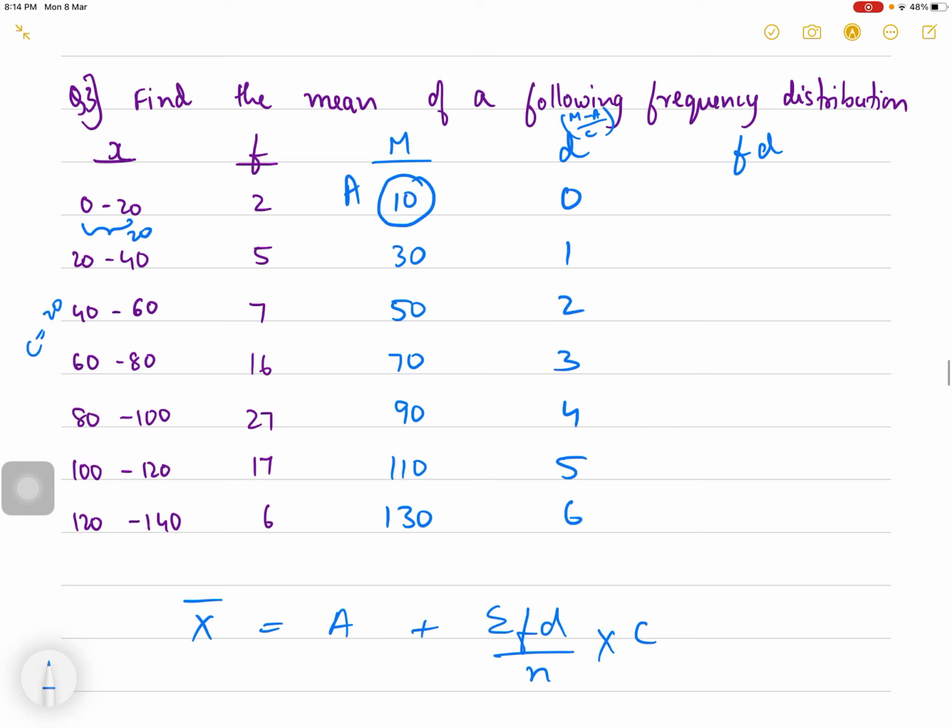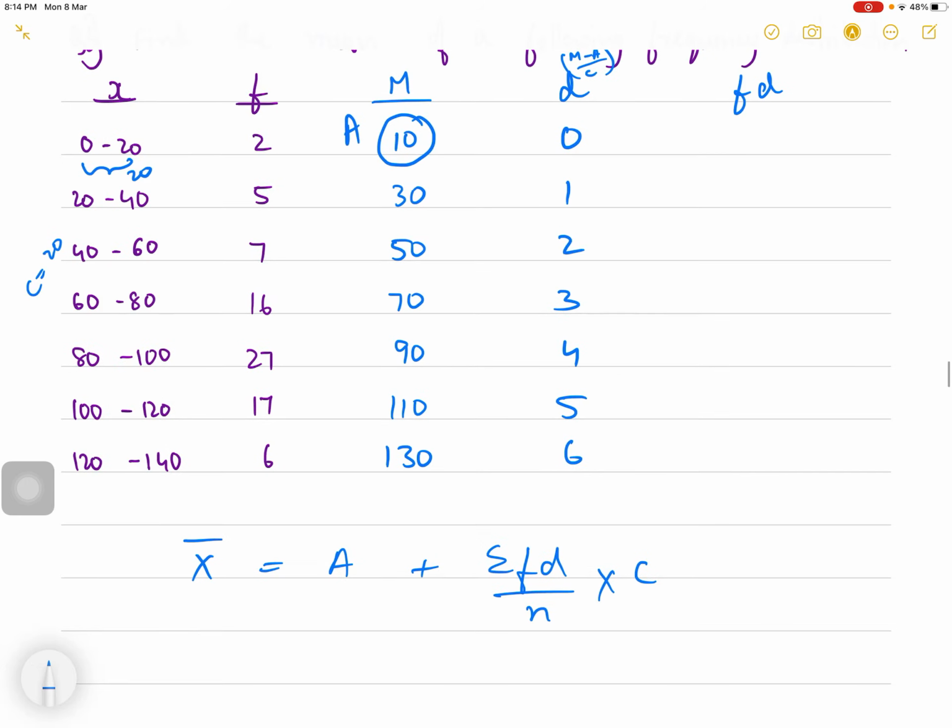Summation FD we have to find, and N is total of frequency. So 2 plus 5 is 7, 7 plus 7, 14, 14 plus 16 plus 27 plus 17 plus 6. So when you calculate this, it comes to 80.